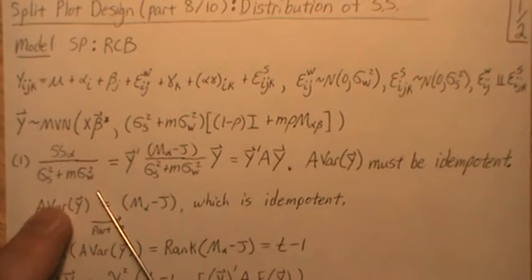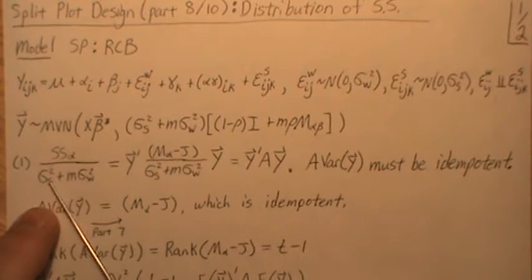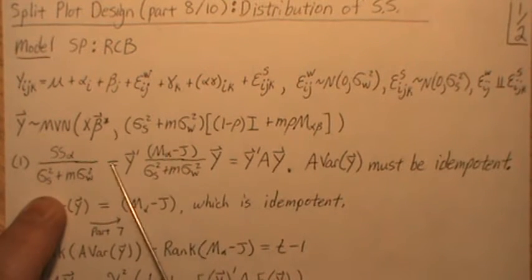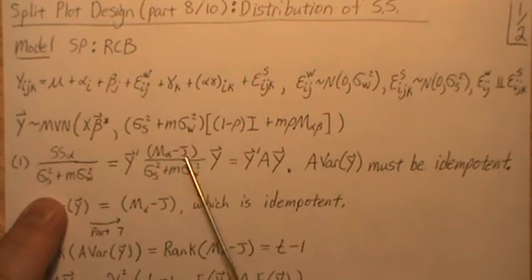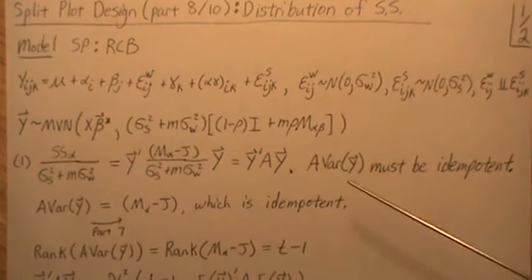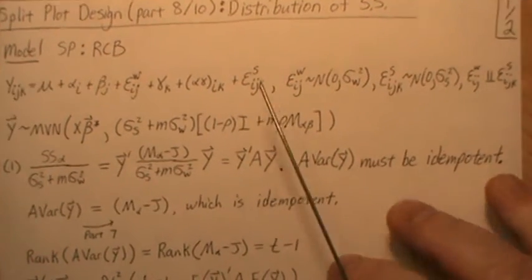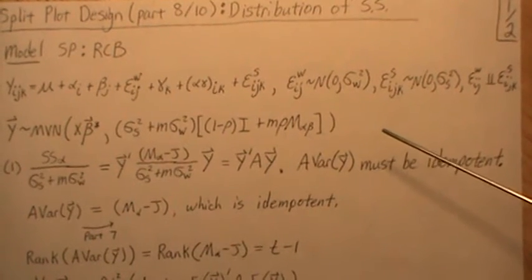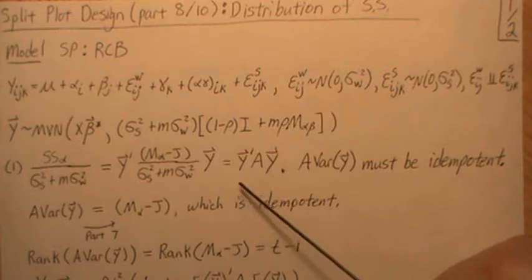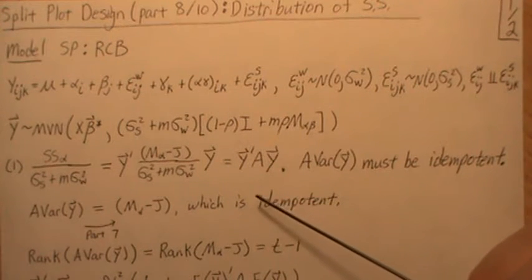Now we're going to look at the distribution of the sums of squares for alpha divided by this constant, which is part of this. Sums of squares for alpha is this part, y transpose (M alpha minus J) y. And these are perpendicular projection matrices onto certain column spaces of the design matrix. And I encourage you to watch parts 3 and 4 in more detail for that.